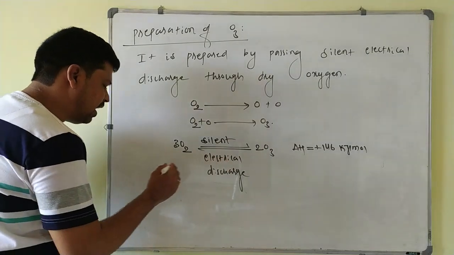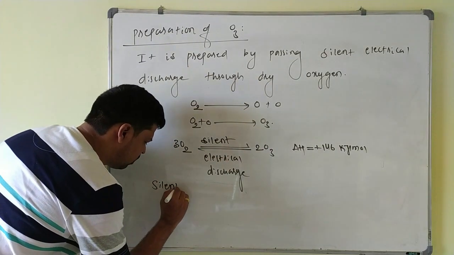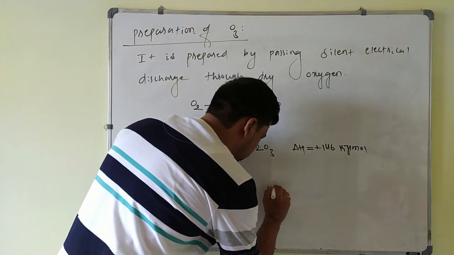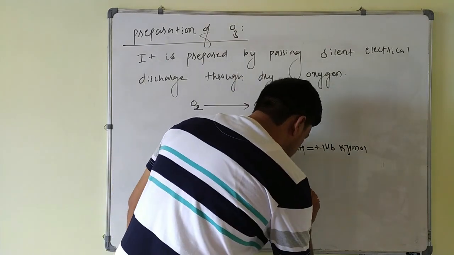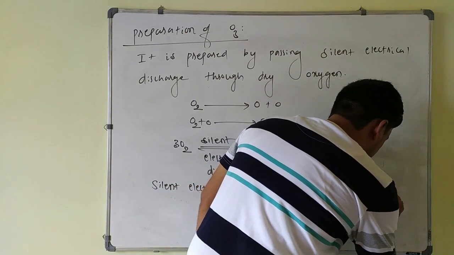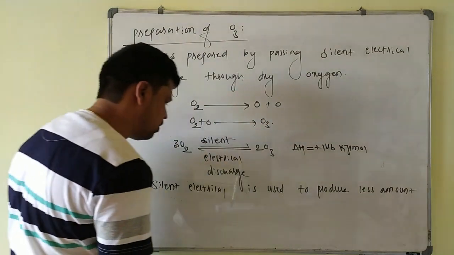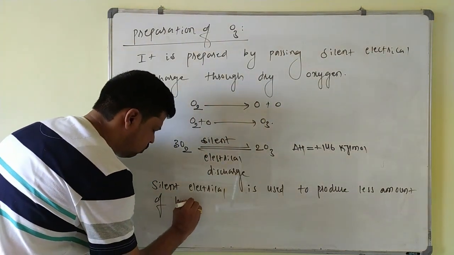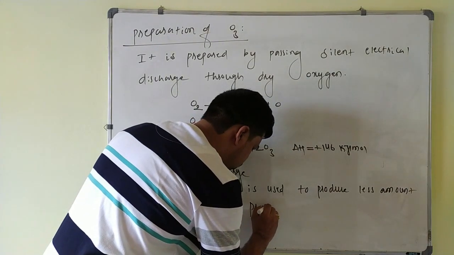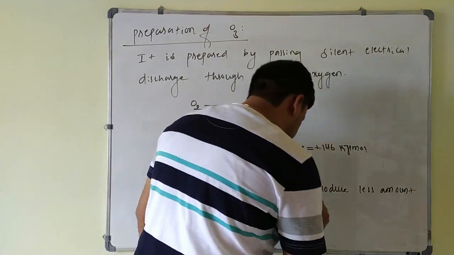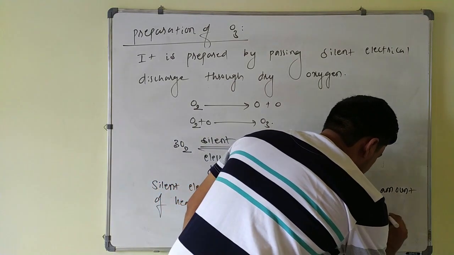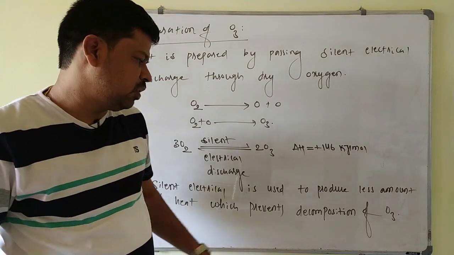So first point we will write: silent electrical discharge is used to produce less amount of heat, which prevents decomposition of O3, because O3 is thermodynamically unstable.